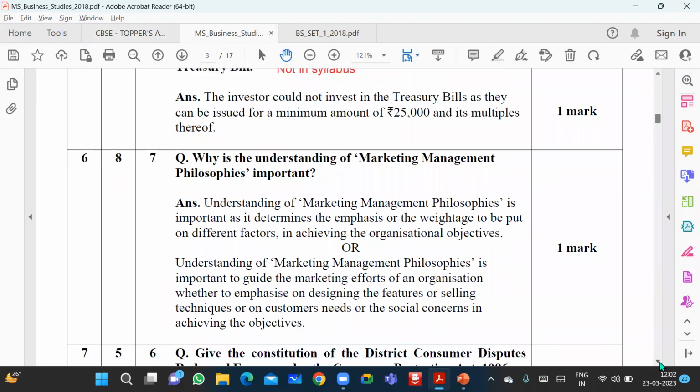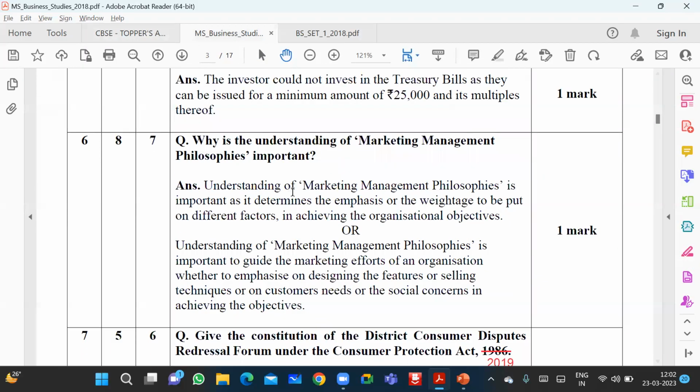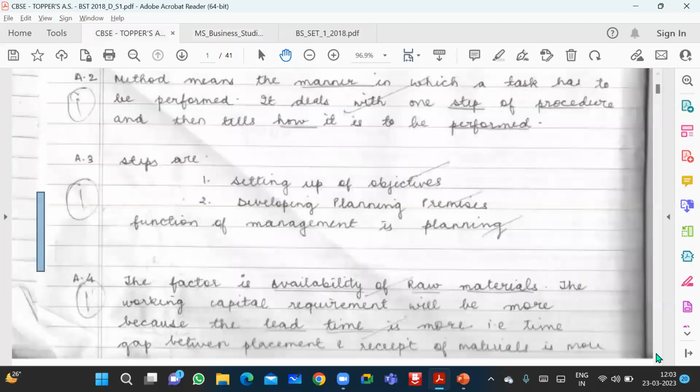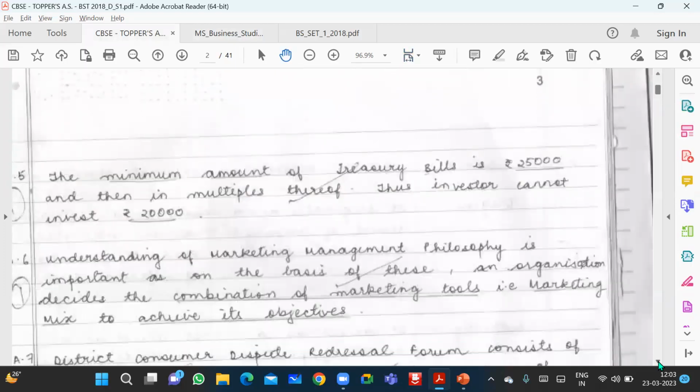Why is the understanding of marketing management philosophy important? We have the 5 different marketing philosophies, so we had to explain the importance of these marketing philosophies. You had to write in one complete sentence regarding the importance of marketing philosophies.